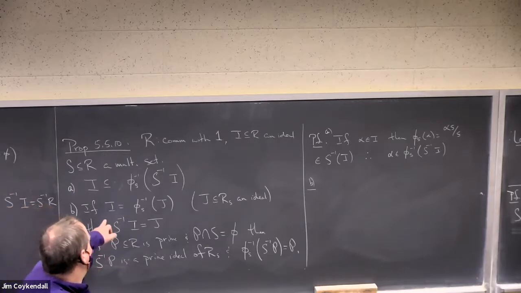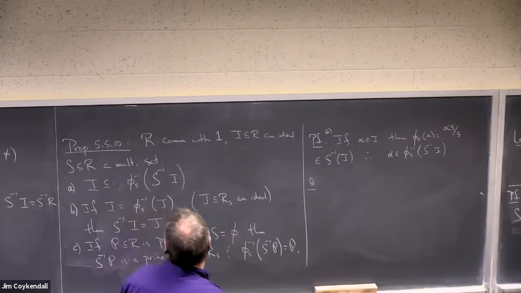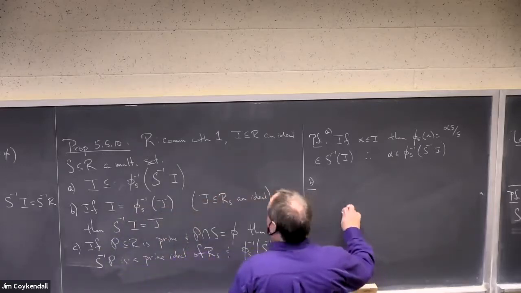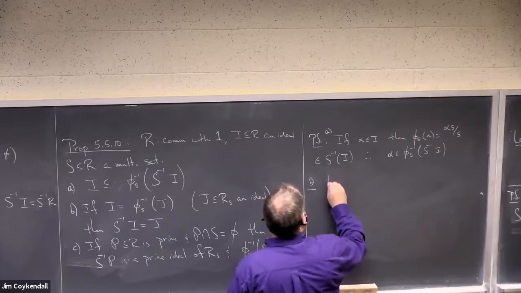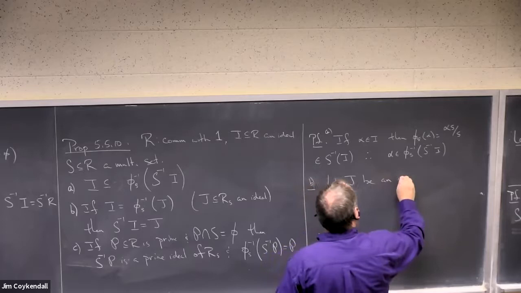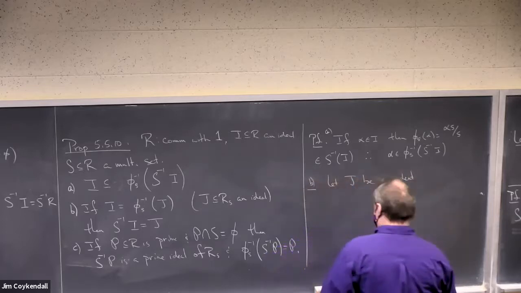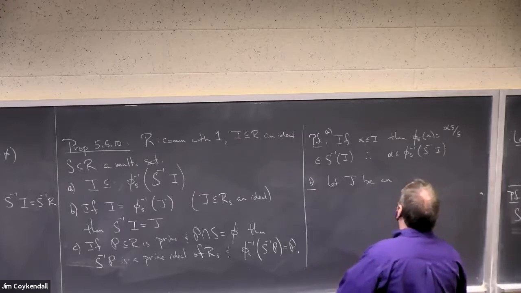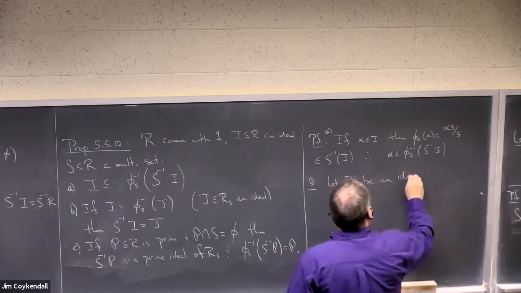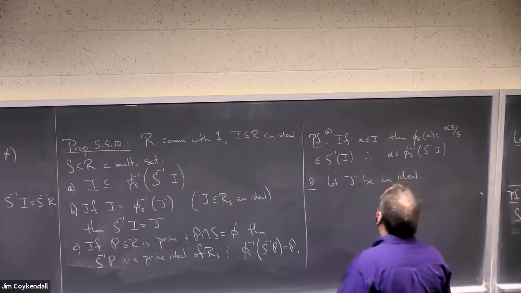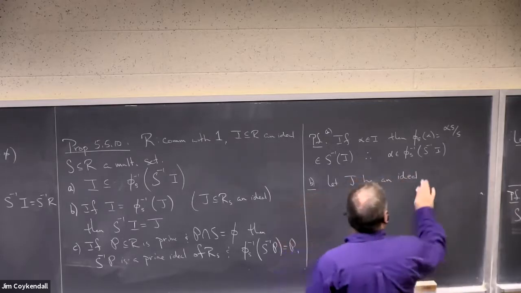If I is equal to phi_S inverse of J, well, notice that phi from R to S inverse R is a homomorphism.